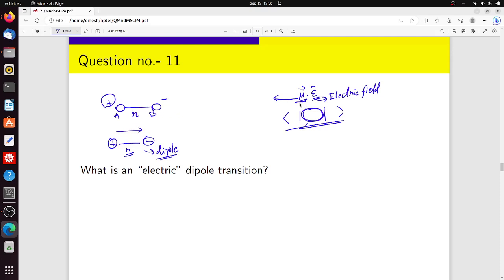So this mu is nothing but the dipole moment, which is equal to the charge times the distance separated. If we consider the charge as e or minus e, if it is an electron, and the separated distance is r, then this mu is minus e times r. This is the dipole moment.